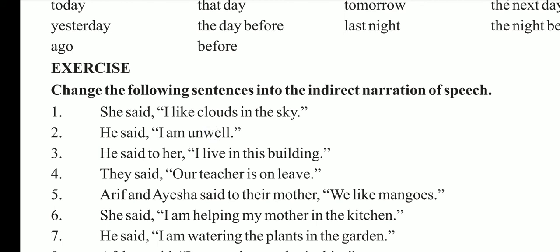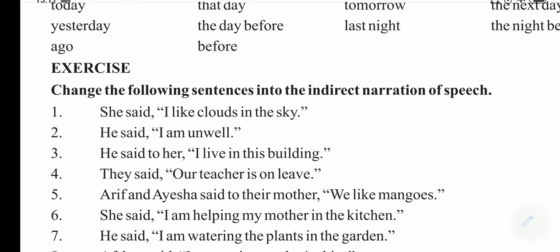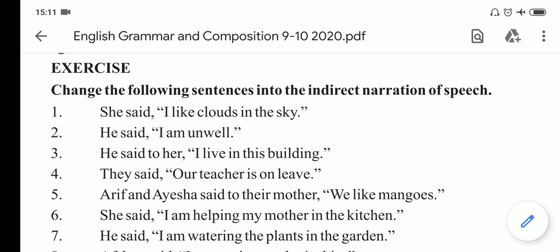According to the rule, this present tense will change into past tense because the reporting speech is in the past tense. So the change will become: he said that he was unwell.